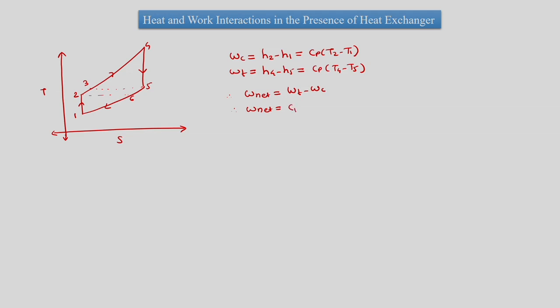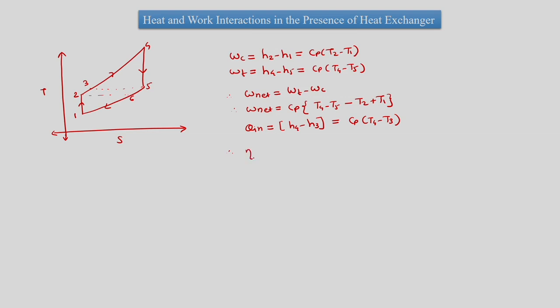So it is equal to Cp into T4 minus T5 minus T2 plus T1. This doesn't alter. The thing which alters is Qin, and Qin is equal to H4 minus H3, which is equal to Cp into T4 minus T3.